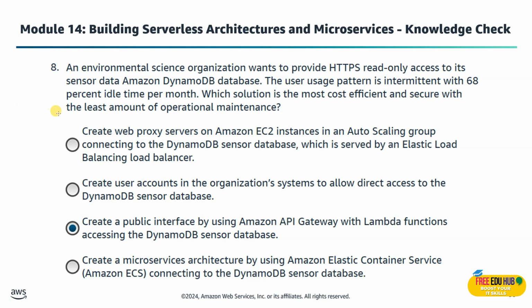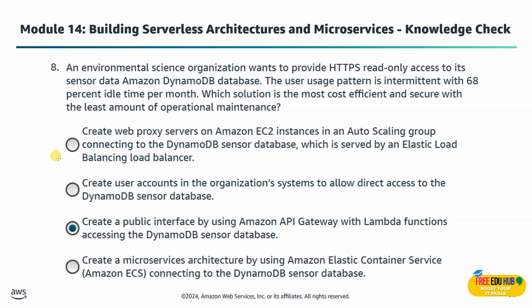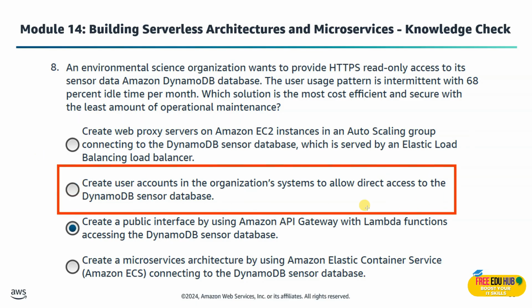For example, the first option, which says to create a web proxy server on Amazon EC2 instance in an auto scaling group connecting to the DynamoDB sensor database, which is served by an elastic load balancer. It adds unnecessary management and cost associated to that, so we'll not select that. The second option is create user account in organization system to allow direct access to the DynamoDB sensor database.